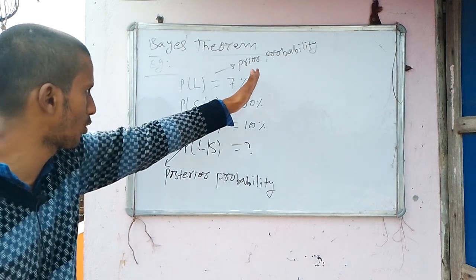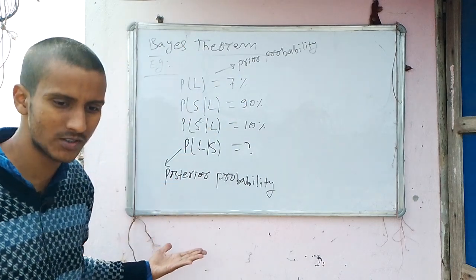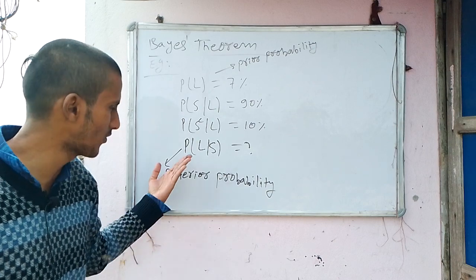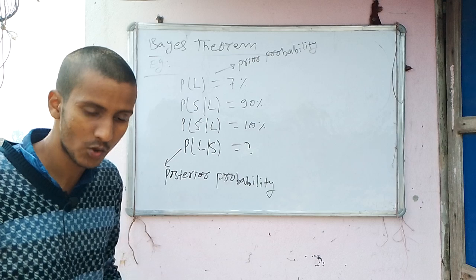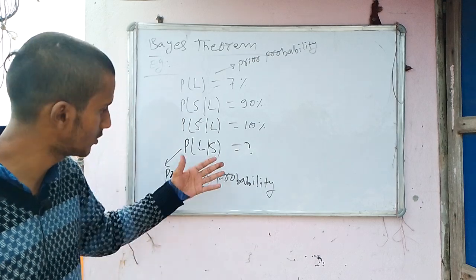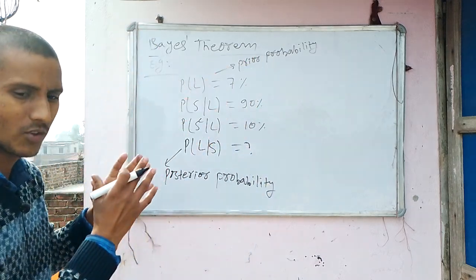Initially you think the probability of having lung disease is 7%, and now you want to change your perspective: what will the probability be given the person is a smoker.